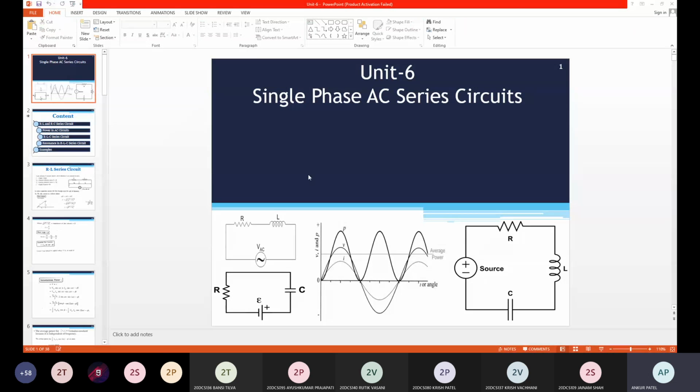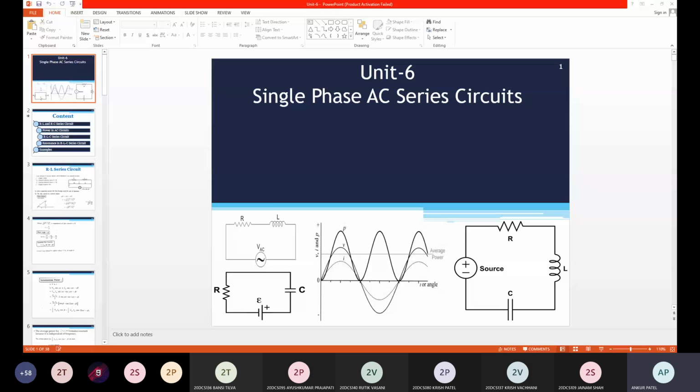Wait, I am showing you this for the parallel circuit, for your reference: how to plot the phasor diagram. I am showing you resonance in a parallel RLC circuit.